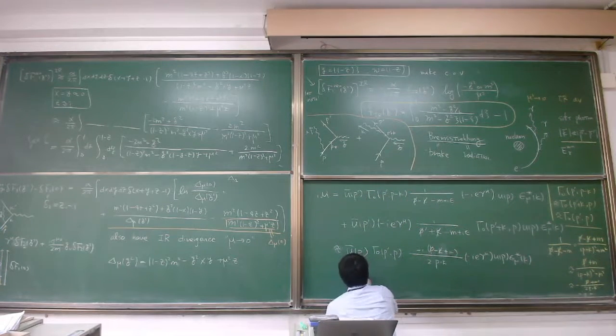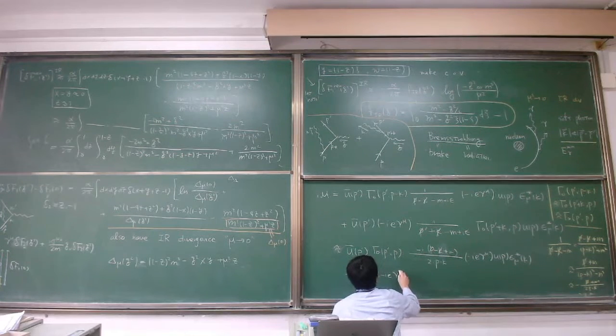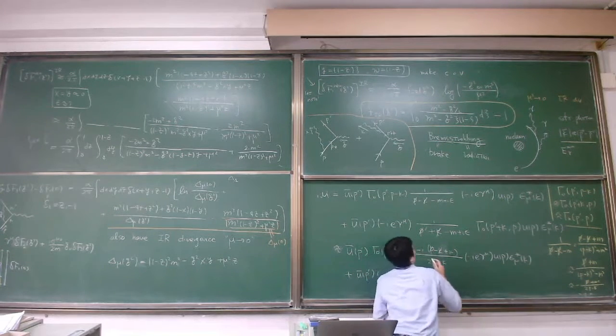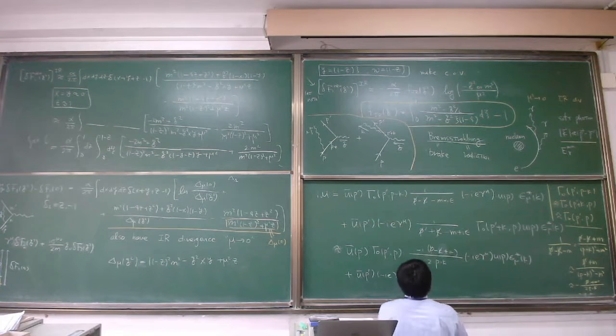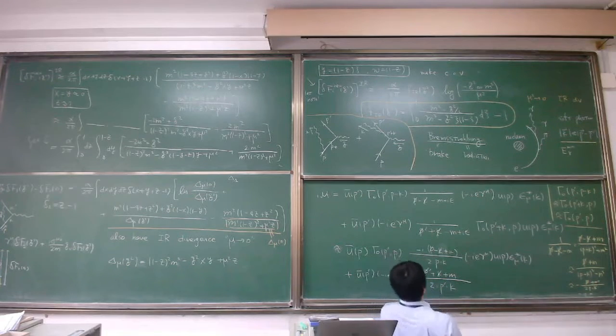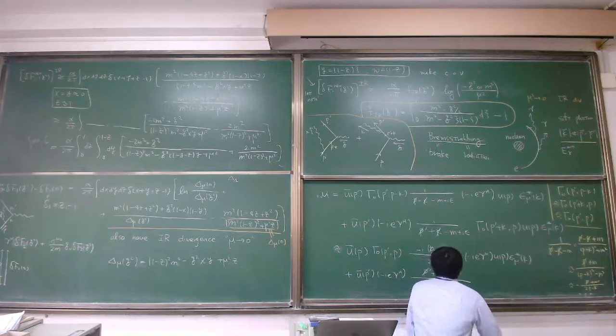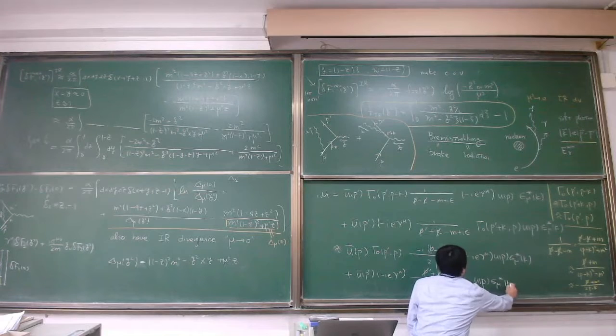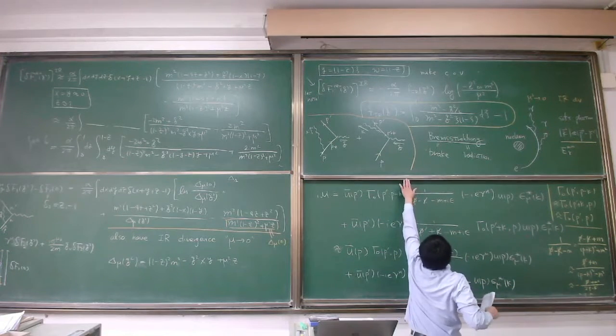And the second term is u bar p prime, minus ie gamma mu, and then what we have is p slash prime plus k slash plus m divided by 2 p prime dot k, and then u of p and epsilon mu star. Okay, they agree? Yeah, it seems okay. Okay, so that's what it is.